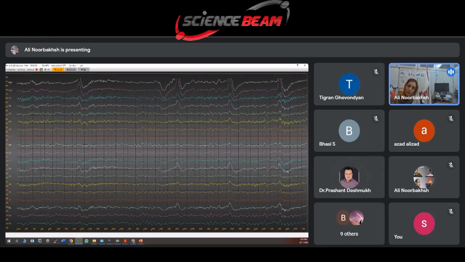No, you need another cap. There are three sizes of the cap: small, medium, and large. Is it available along with the system? Yes, it is available with the system.